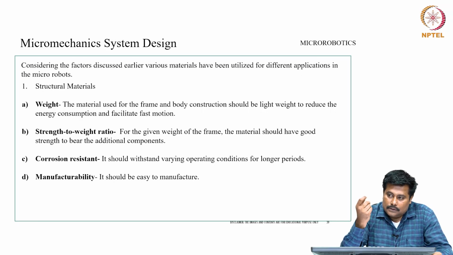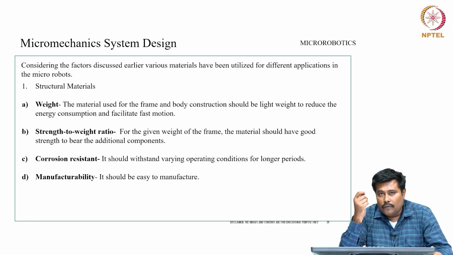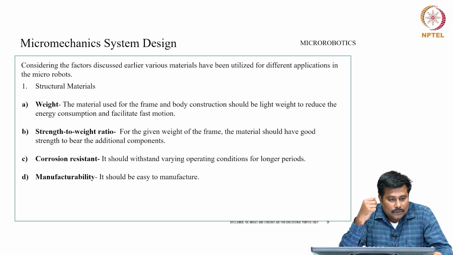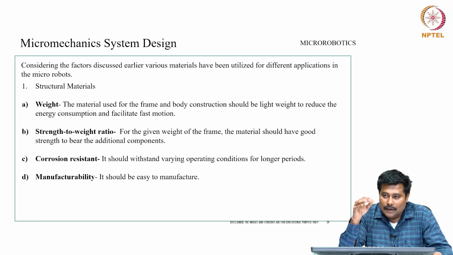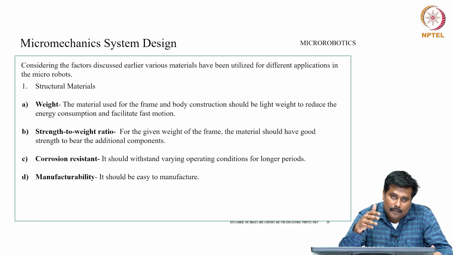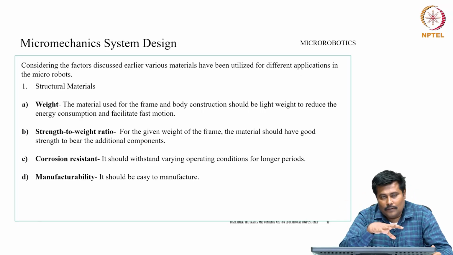For example, if we are developing a small micro robot for biomedical applications, there is a need to carry a drug along with it, whenever it is used for a drug delivery application. Here the strength to weight ratio will play a vital role in such a way that the payload characteristics, the carrying capability, as well as the propulsion of the system will also come into the picture.